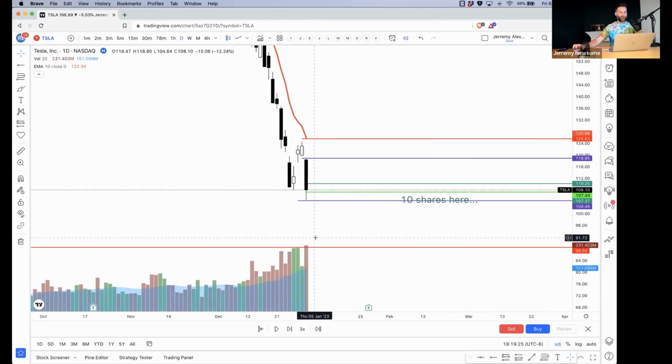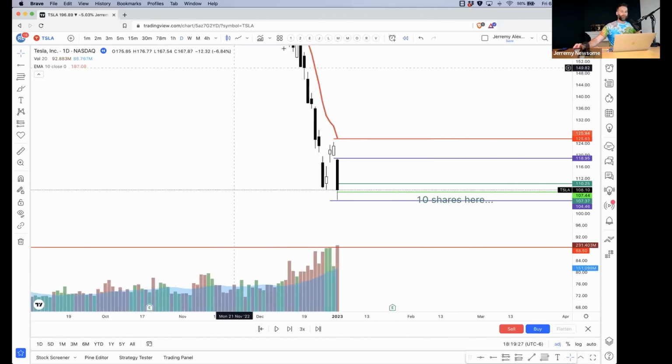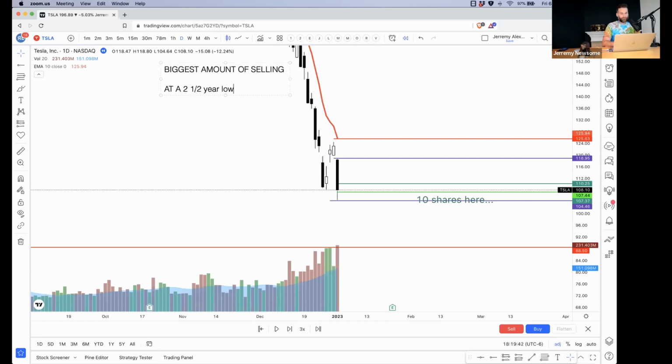So question, and this is how I knew that Tesla was going to start to pop. Biggest amount of selling at a 2.5-year low. What do you think that means? This is a big takeaway, guys. Don't sleep on this. The biggest amount of selling at a 2.5-year low.